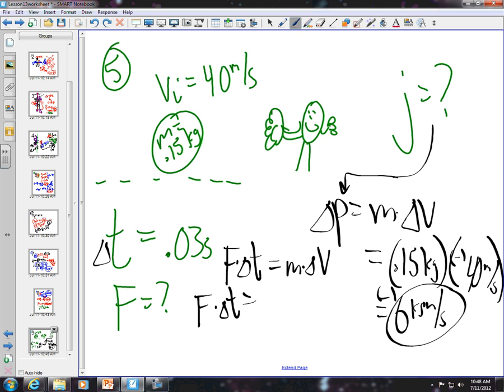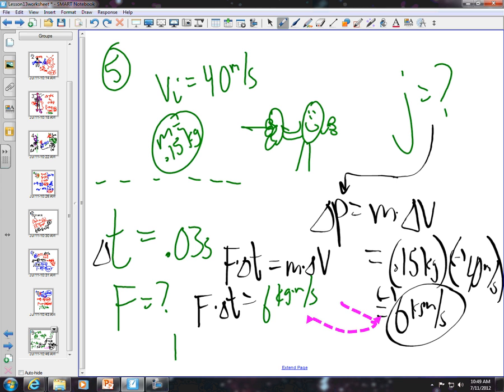Well, we already found the change in momentum right there. So it's going to be 6. And again, I just dropped the negative because we know which direction it's going to be. It's the stopping force. And the force of the ball in the catcher's hand is in the opposite direction, which is the one we're finding, so it'll be positive.